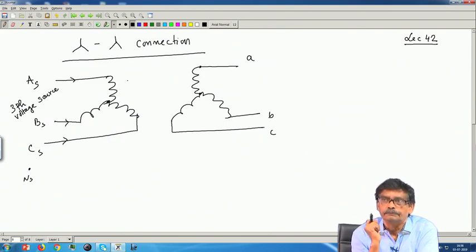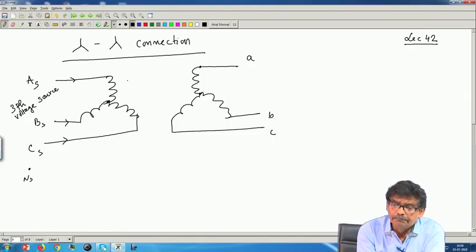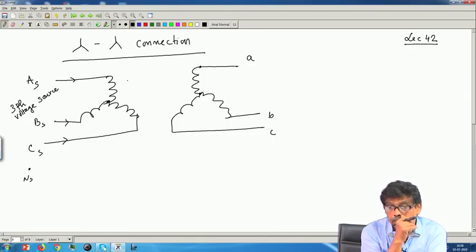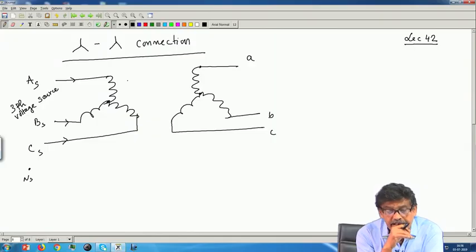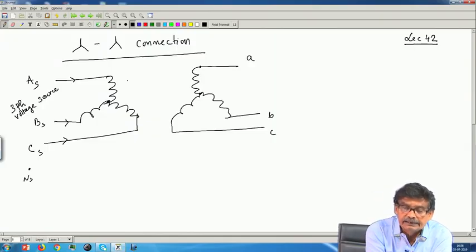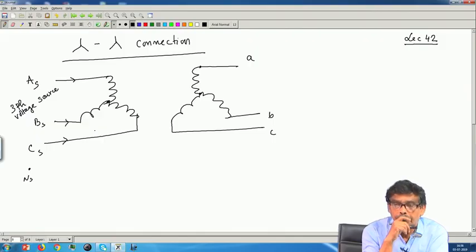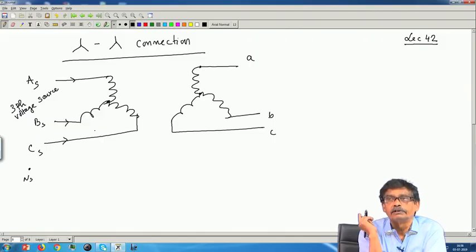But if the connection is like this, with our previous knowledge we immediately conclude that the magnetizing current it draws cannot have a third harmonic component.